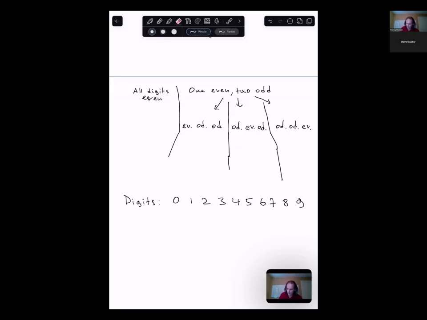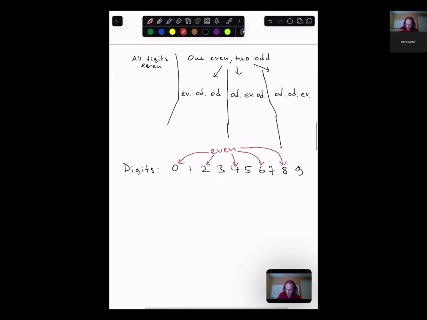The digits that are divisible by 2 are even: 0, 2, 4, 6, and 8. Zero is divisible by 2, since if I divide 0 by 2, I get 0, so it is even. The rest are odd. So five even and five odd digits.